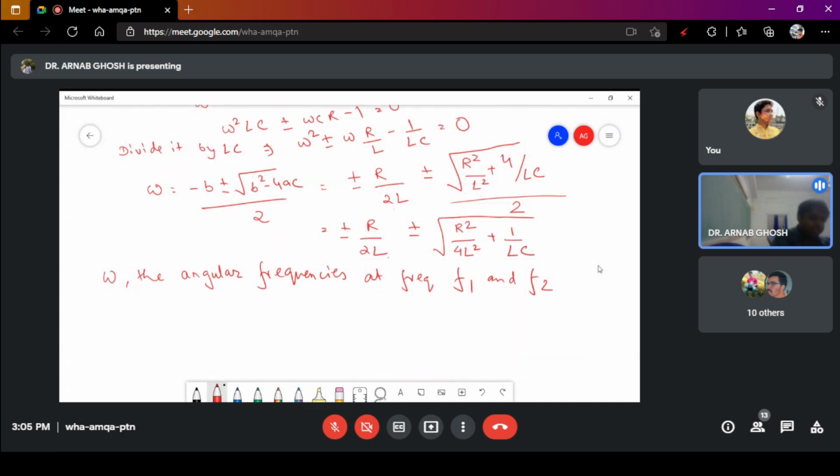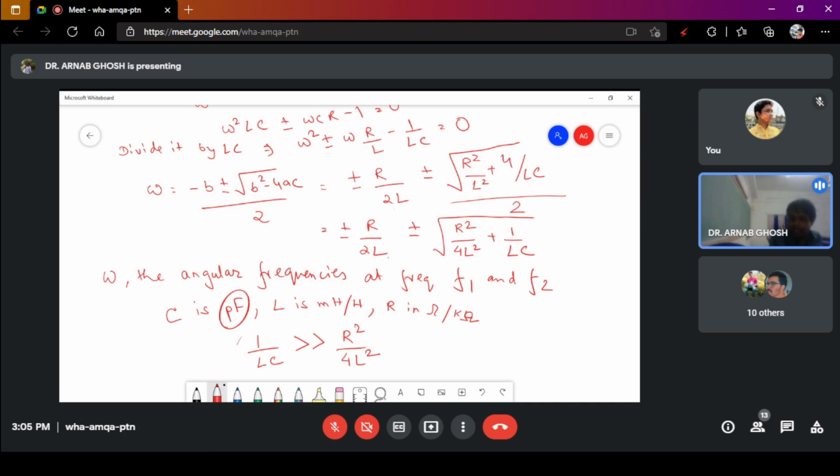Now, if you look at this, your C value is in picofarads. C is in picofarads, L is generally in millihenry or Henry, and R is in ohms or kilo ohm. So under this condition, when C is picofarad, this 1 by LC value will be much greater than R square by 4L square.